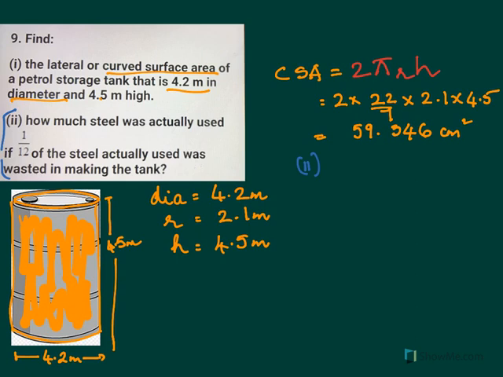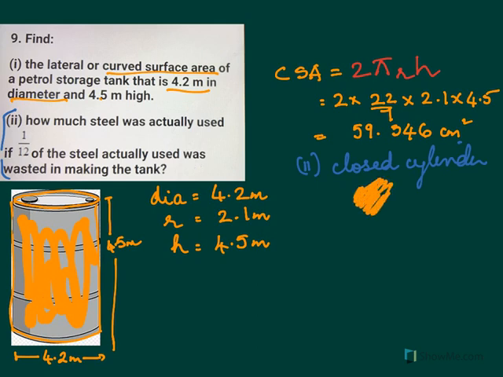Now in the second part we must know how much of steel was actually used. To find out the steel, we know this petrol tank has to be a closed cylinder. So if it is a closed cylinder, we require the TSA, which means we require this surface, which we have already found out, the CSA.